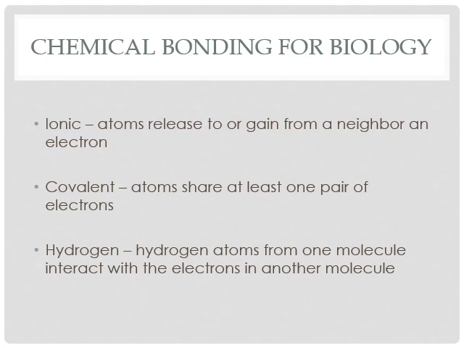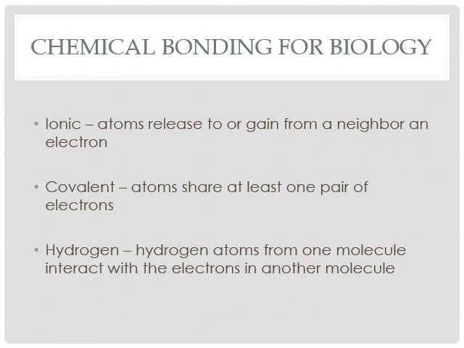There are 3 big types of chemical bonds between and within molecules that we're looking at. Ionic bonds, covalent bonds, and hydrogen bonds. Ionic bonds happen when an atom is going to release or gain an electron from a neighbor. Covalent bonds share some electrons.